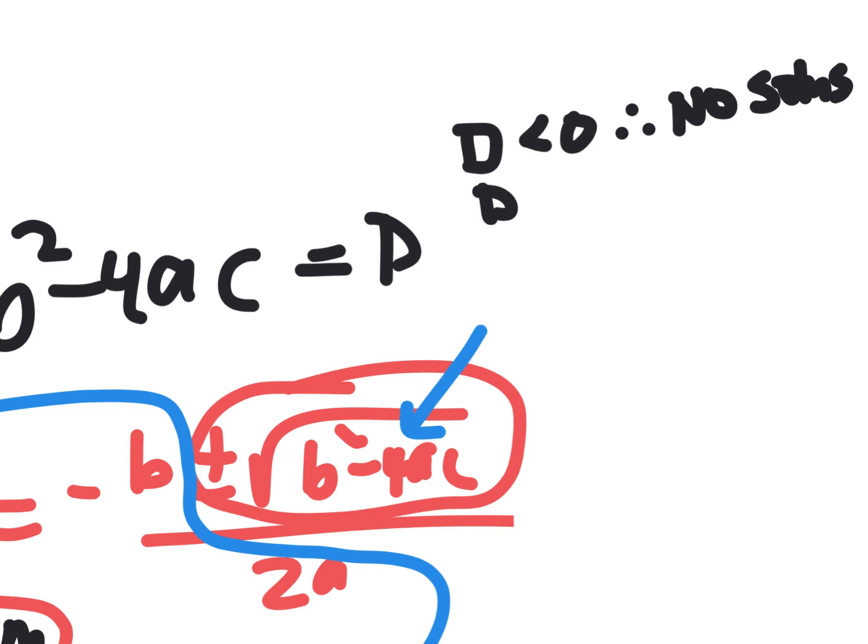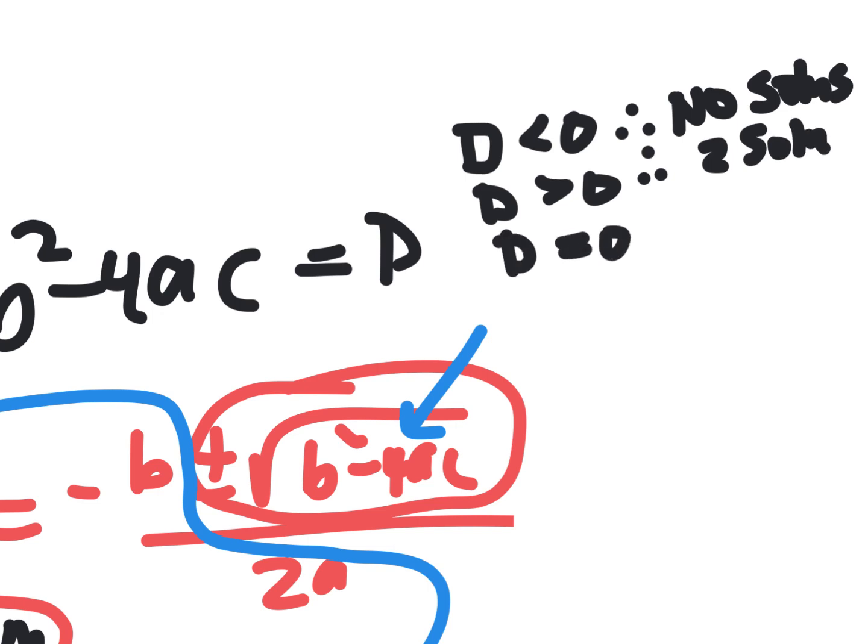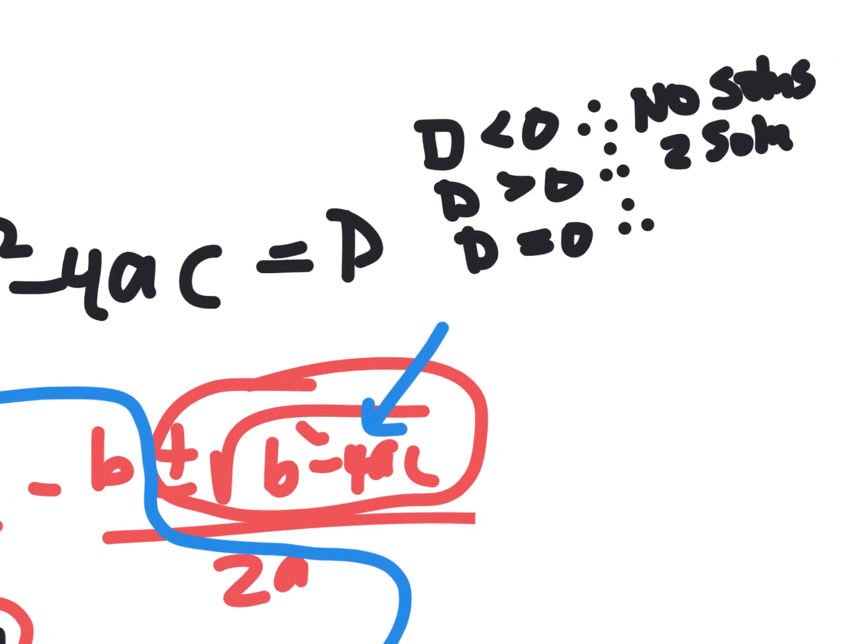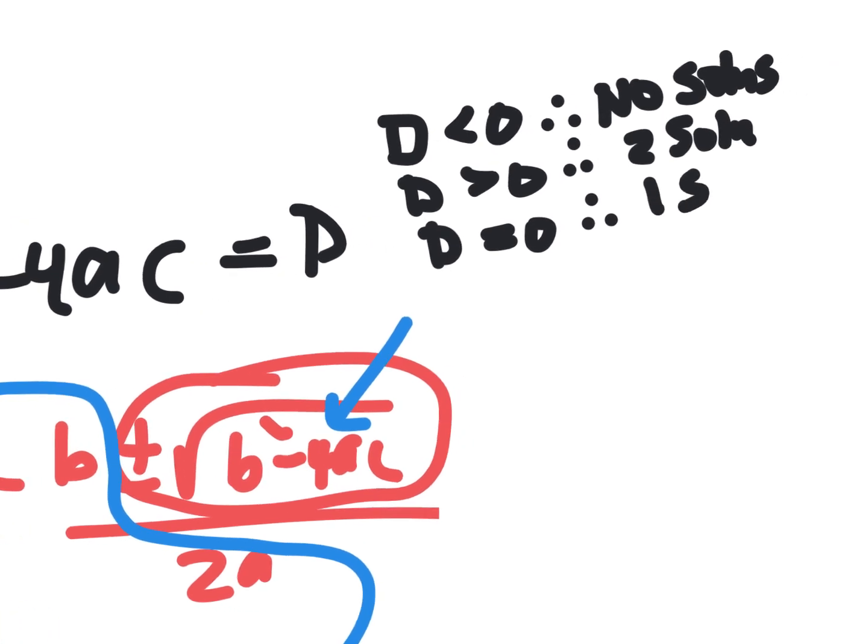If D is greater than 0, therefore 2 solutions. If D is equal to 0, 1 solution. And if you're extra smart, what's special about that 1 solution?